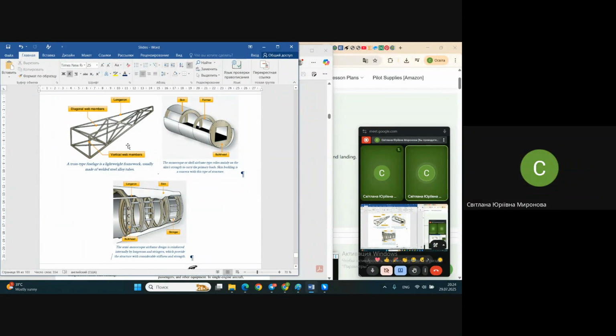In this case, there are no elements responsible for receiving bending moments. All these sticks in different directions create a complex spatial structure. They work only for tension and compression. They may be compressed, may be extended. That's it.